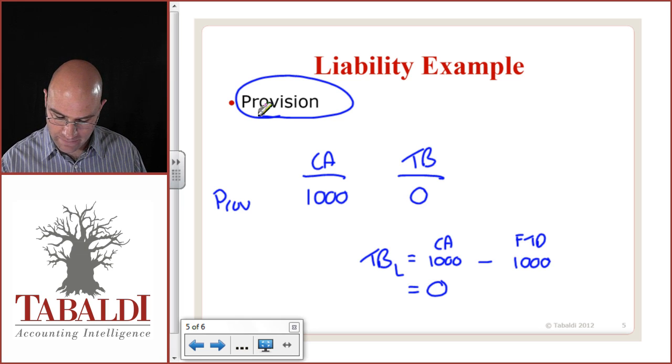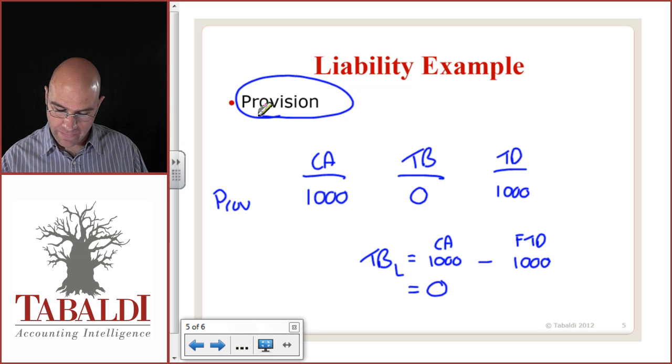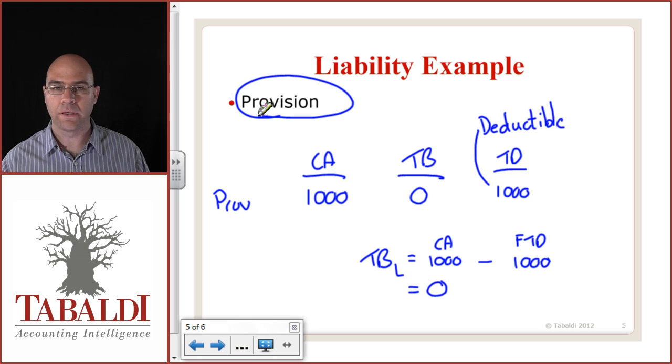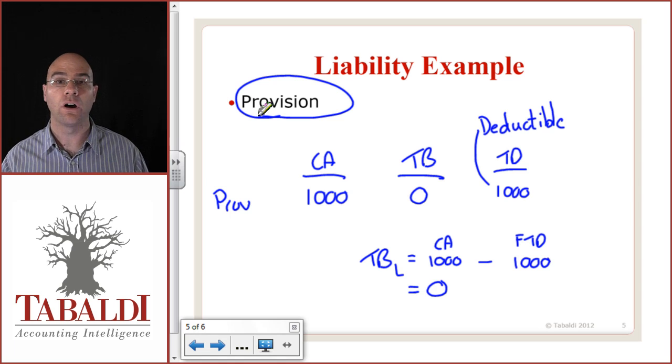Now that means I'm going to have a temporary difference in the future of a 1,000 tax deduction, okay, and that means it's going to be a deductible temporary difference, being a deduction in the future taxable income and therefore a reduction of future tax outflows.